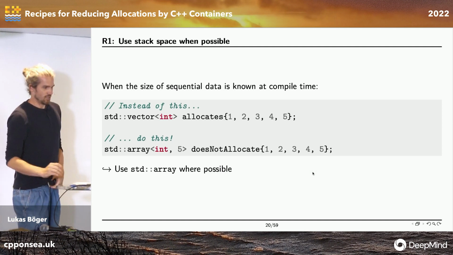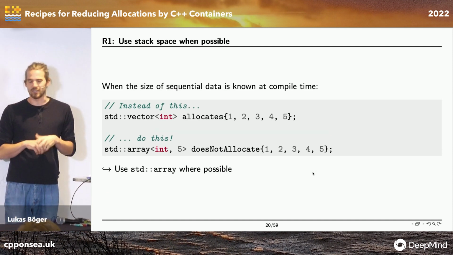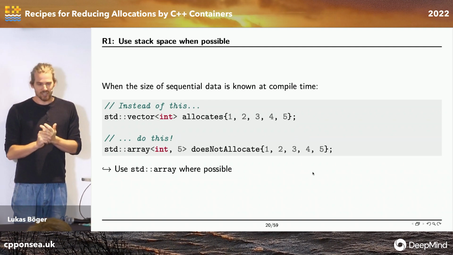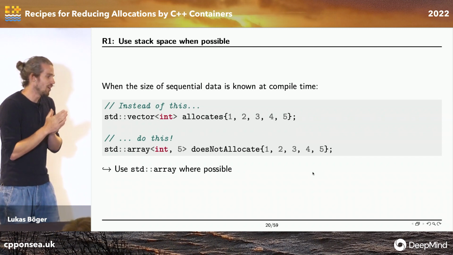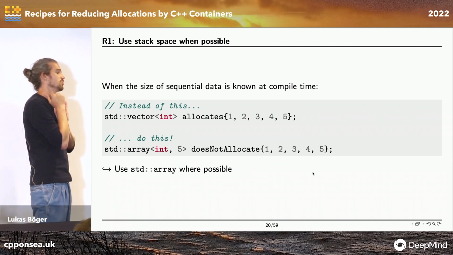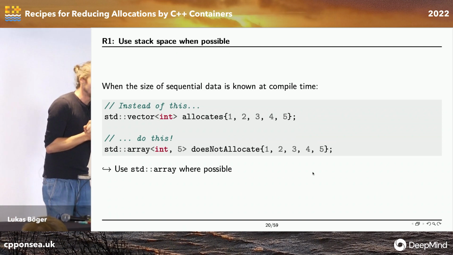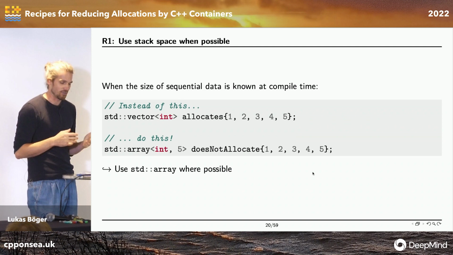Okay, cool. Recipe number 1, use stack space when possible. That's quite a simple one. So when we have sequential data and we know the size of our data beforehand, we shouldn't use vector, but rather std::array, right? std::array will use stack space, and that's good because it doesn't allocate.